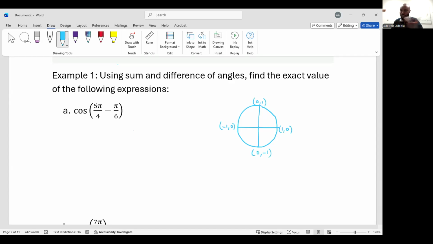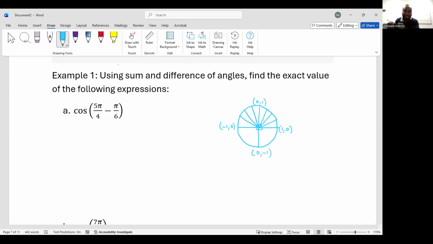And we say this is 0, then pi over 2, then pi, then 3 pi over 2, then 2 pi. We also have 30 degrees, 45 degrees, 60 degrees, or pi over 6, pi over 4, pi over 3. We have all those. Then we have other angles like 135, 120, 150, 180, and so on.